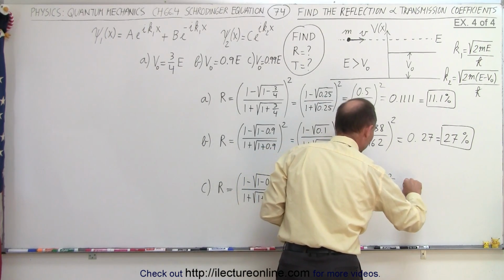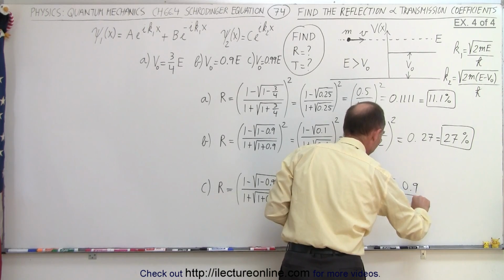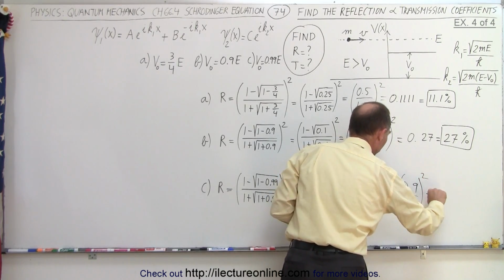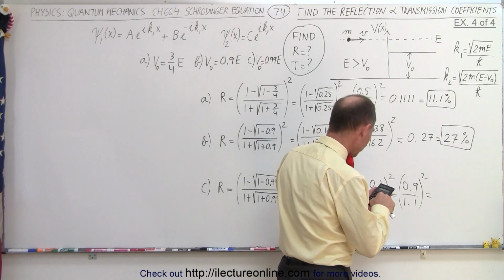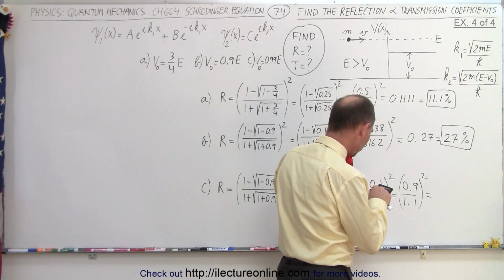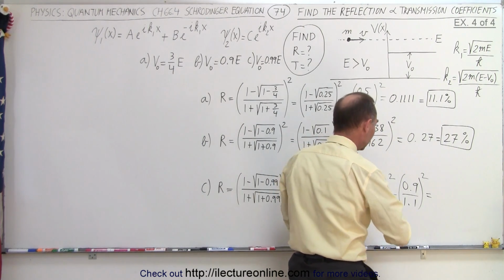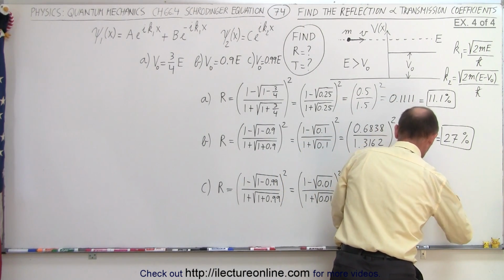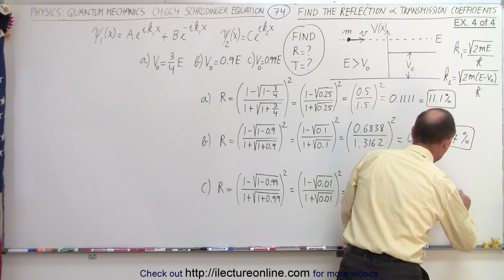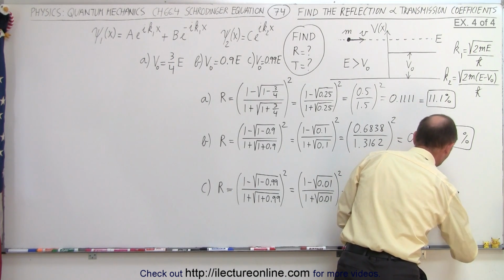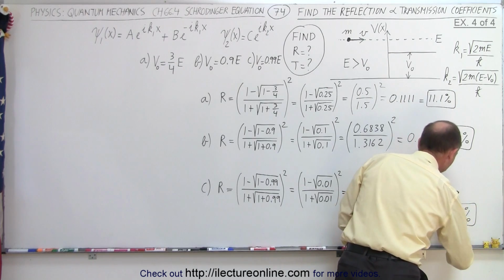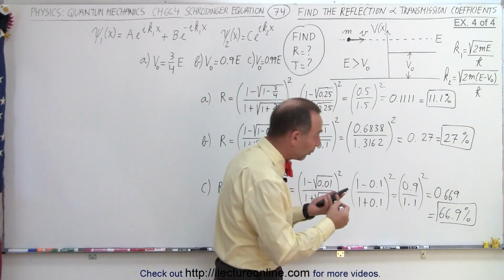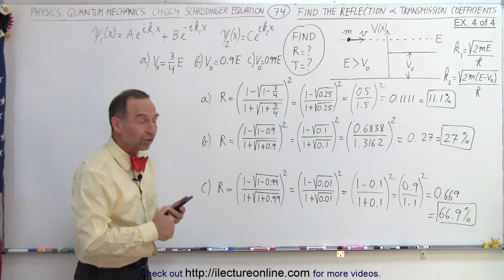So this becomes 0.9 divided by 1.1, and then we square that, and we get 0.669, which means 66.9% of the particles are reflected, and that means about 33% of the particles are still transmitted.